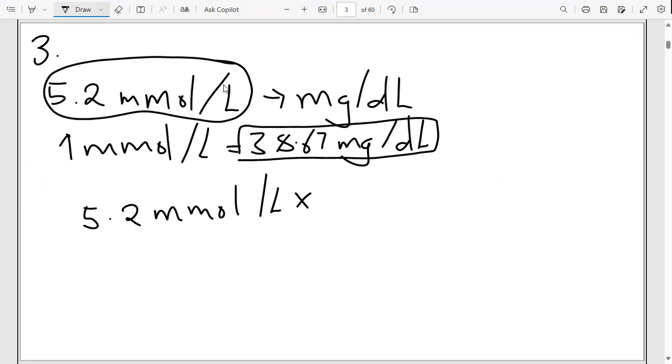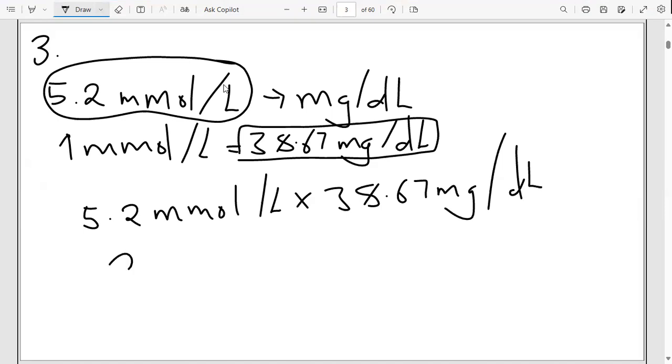So 5.2 multiplied by 38.67 gives me exactly 201.084 milligrams per deciliter.